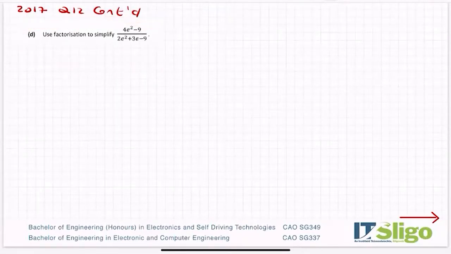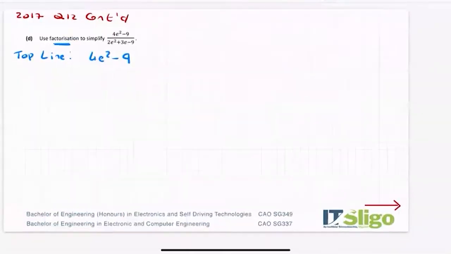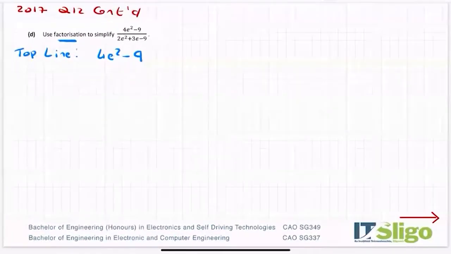So the key to it is to take the top line, which is 4e squared minus 9, and let's factorize it. It said use factorizing. Okay, so again, this isn't a quadratic. It doesn't have 3 terms. It's not grouping. It doesn't have 4 terms. So it's either take out the highest common factor or it's the difference of 2 squares. Okay, so look back on earlier recordings if you need more help with difference of 2 squares.